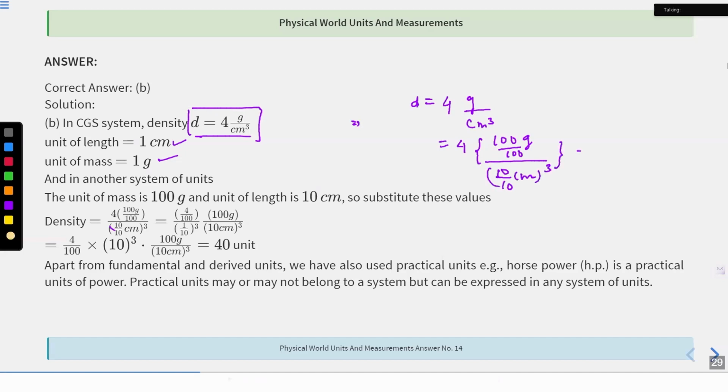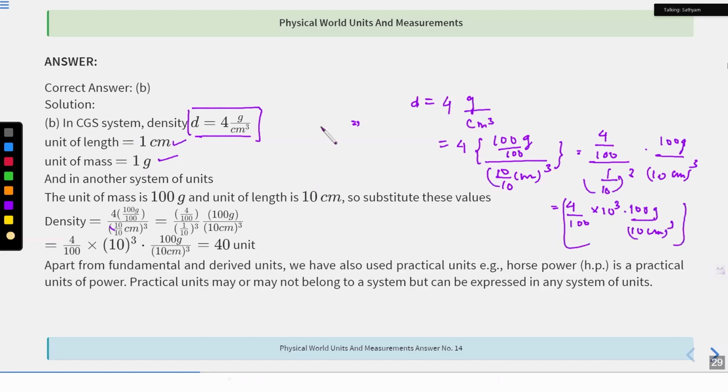So this is 4 by 100, and this is 1 by 10 whole cube into 100 gram divided by 10 centimeter whole cube. Correct. This is 4 by 100 into 10 cube into 100 gram divided by 100 centimeter cube. So the quantity which you have to write over here is 40. I hope it's clear.